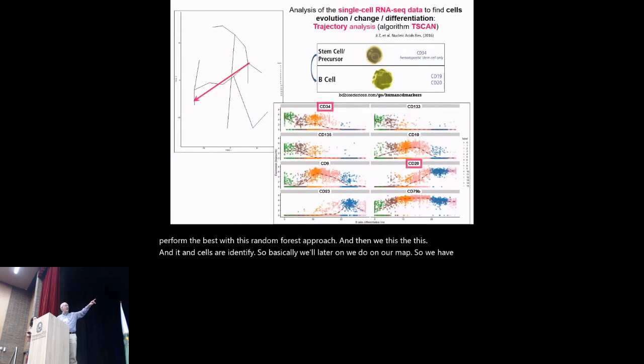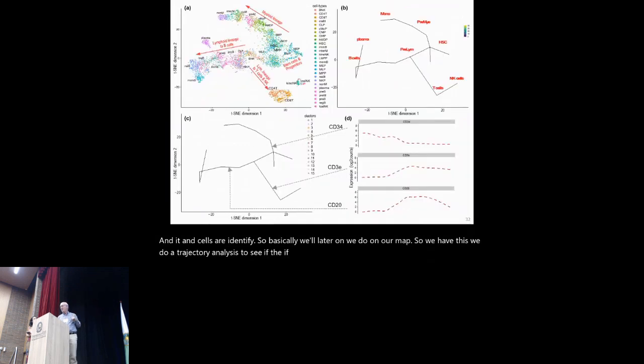So basically, later on we do a trajectory analysis on our map. This is not performing, it doesn't matter, but here you can see our map.